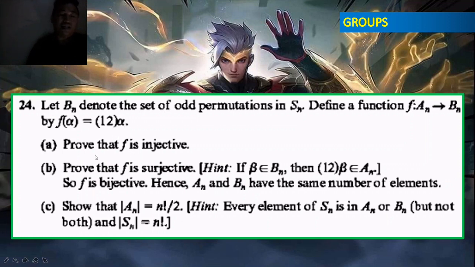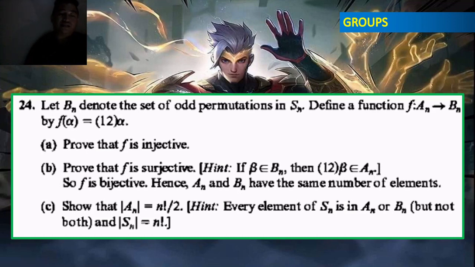Prove that f is injective and surjective. If beta is an element of Bn, then (1 2) times beta is an element of An, since multiplying an odd permutation by one transposition makes it even.